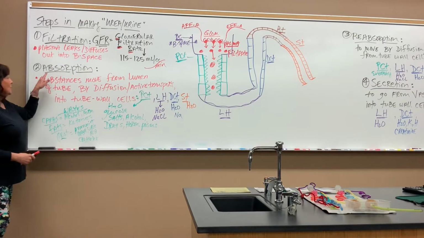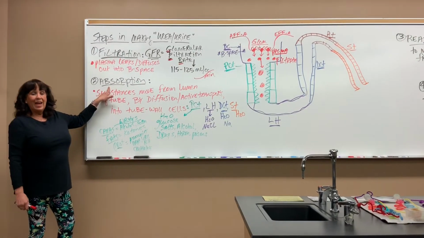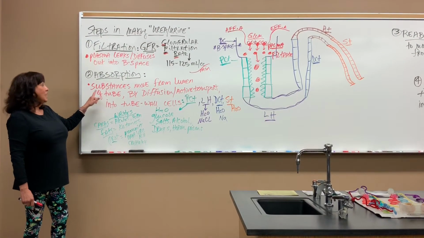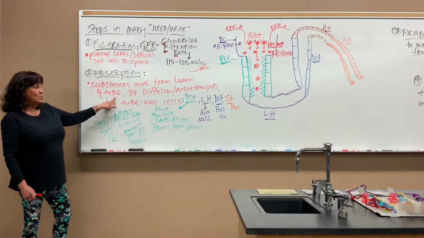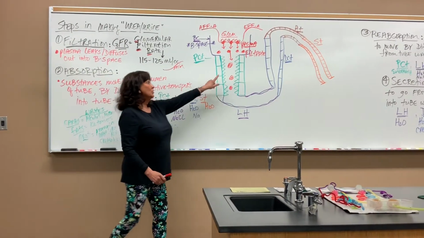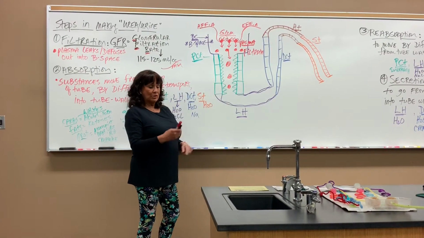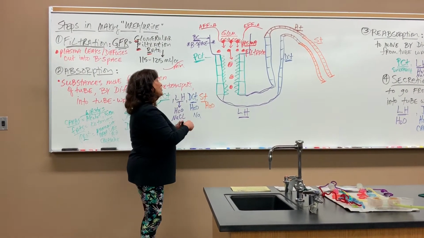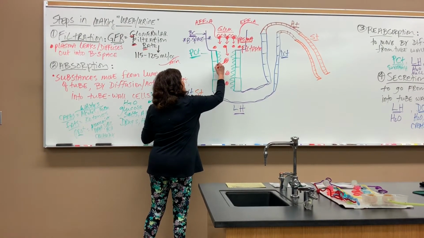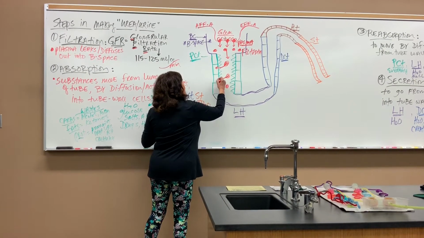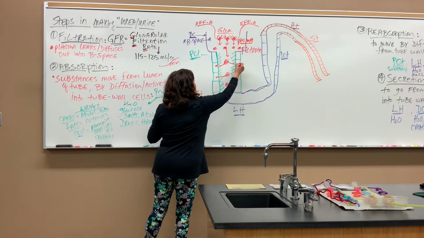Step 2 is called absorption. And what does absorption mean? It means the substances move from the lumen of the tube, right here, into these green cells. So now this is going to be step 2. There's material that's going to diffuse or do active transport into these cells.